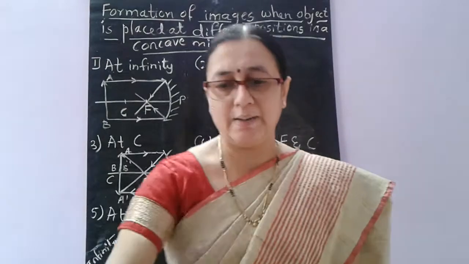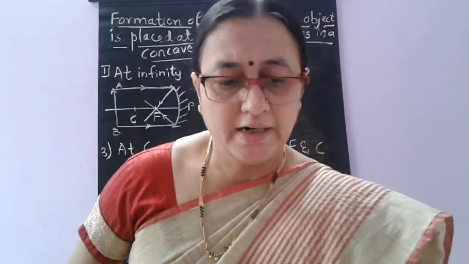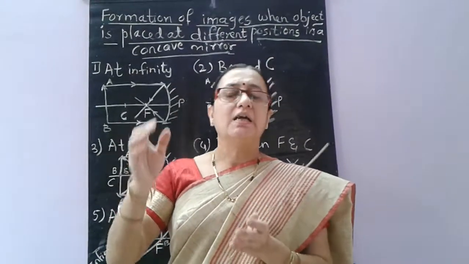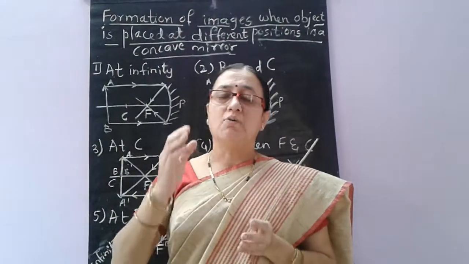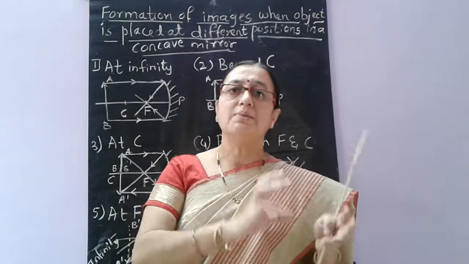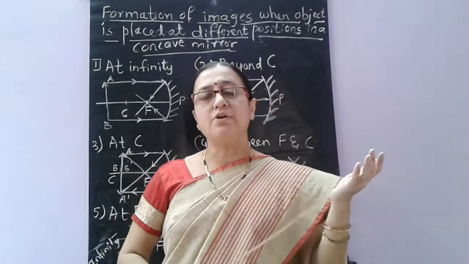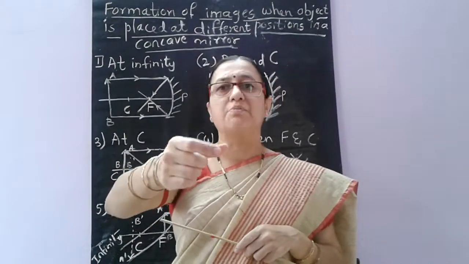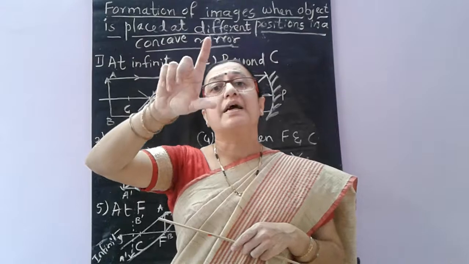Now, with the help of a ray diagram, let us see, when objects are placed at different positions in case of a concave mirror, what the change is in the position and nature of the image. In the previous video, we saw that when the candle is taken very near to the concave mirror, the image becomes erect.